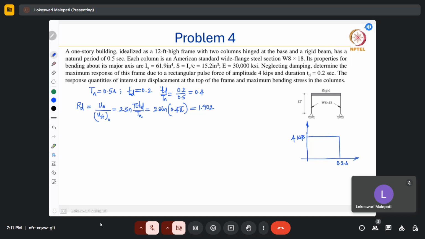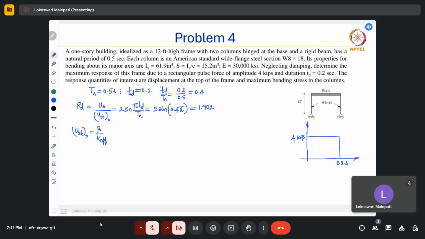Now we need to find out the maximum displacement. For that we have to find out UST0. UST0 is equal to P naught by K. In this case, K effective, because we have a portal frame.